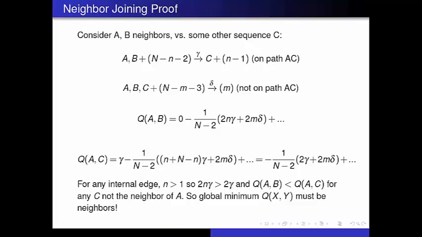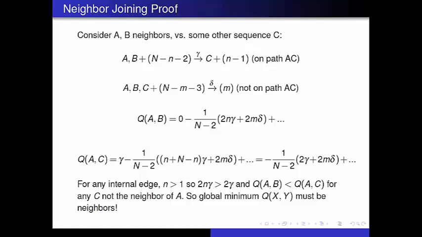All right, so let's consider QAB. So remember, the first part of QAB is just actually the distance from A to B. And I want to emphasize that since A and B are neighbors, no internal edge can possibly contribute to that distance from A to B. Why?